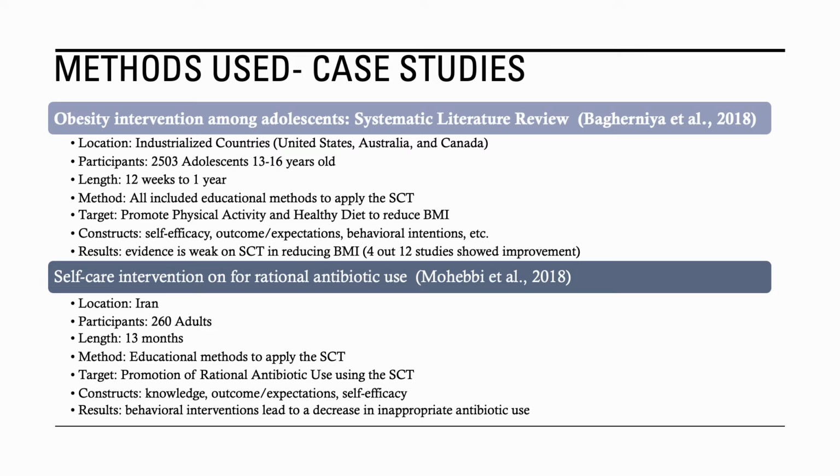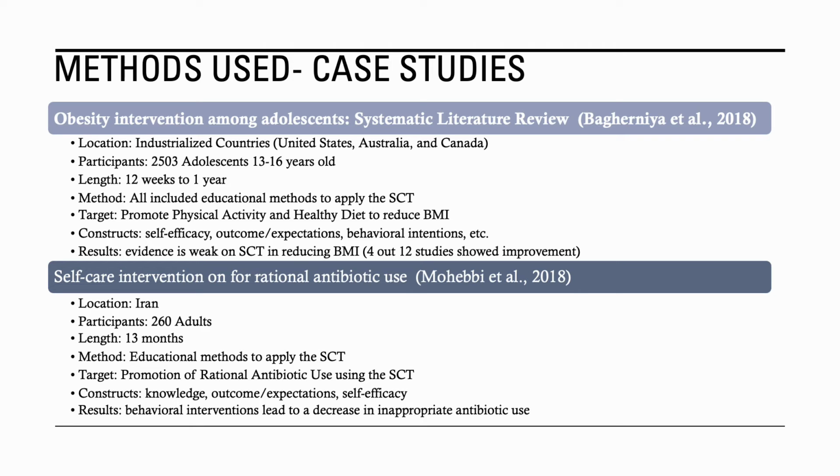All studies ranged from 12 weeks to 1 year, while all of them did include educational methods in which they would apply the constructs of the social cognitive theory, whether this was through an instructor, a mentor, or different courses that were applied for the community. The main constructs that were incorporated from the social cognitive theory were self-efficacy, outcome expectations, and behavioral intentions.